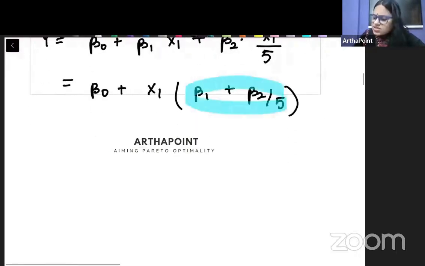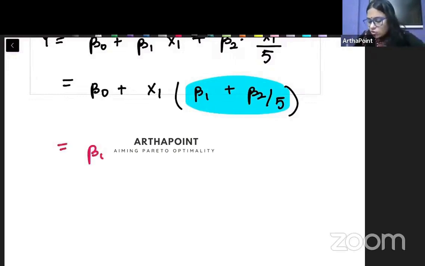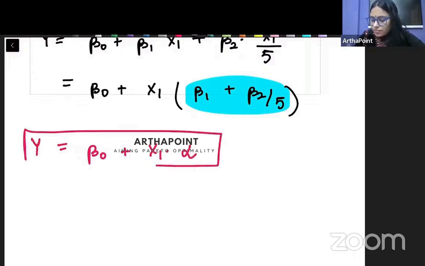Suppose I tell you this is some number. Suppose इसको मैंने alpha ले लिया. So I can write this as beta naught plus x1 into alpha. What does this mean?